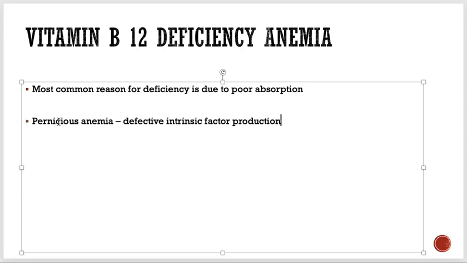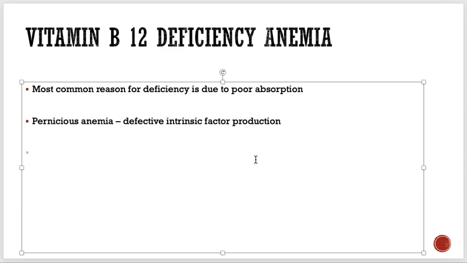Pernicious anemia is an autoimmune condition, guys. There is the formation of autoantibodies against the gastric parietal cells, and the gastric parietal cells are damaged. Gastric parietal cells are those cells which produce intrinsic factor.